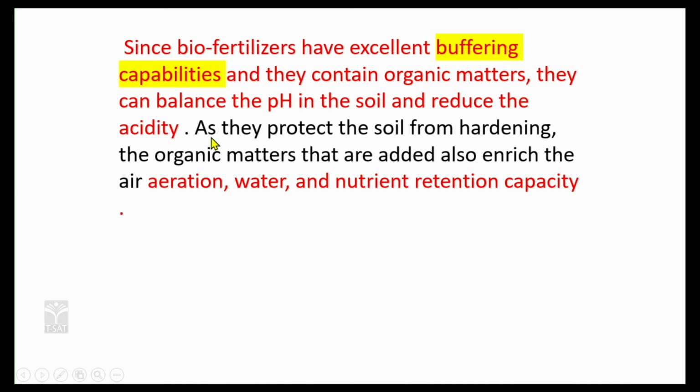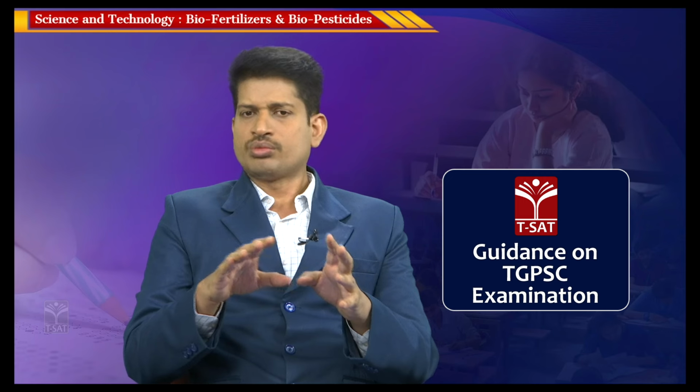Buffer capacity means that the pH of the soil cannot be changed suddenly. They maintain the essential pH required for the soil for plant growth.